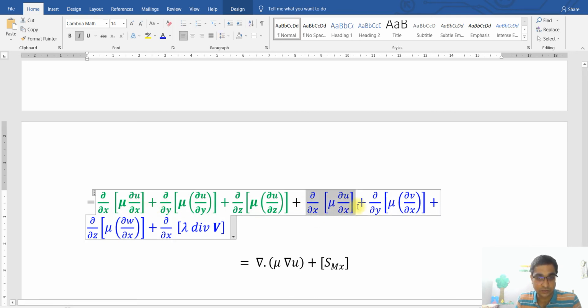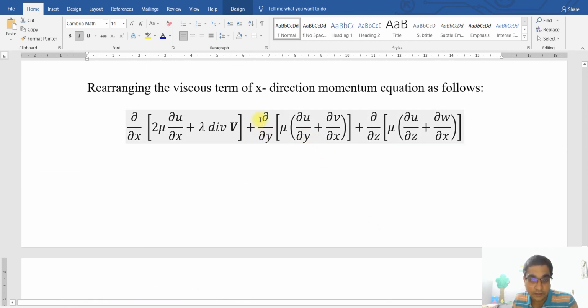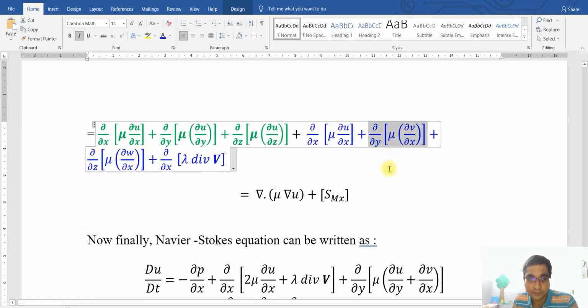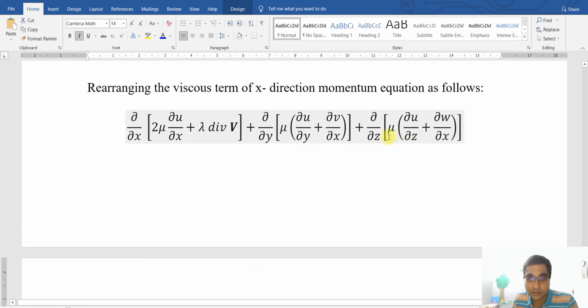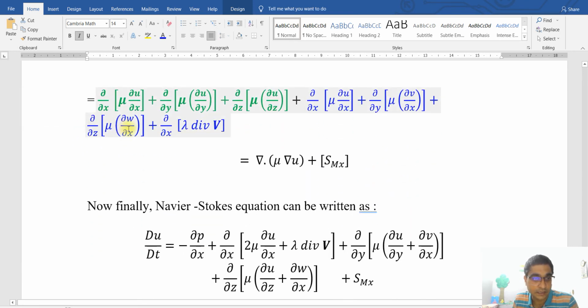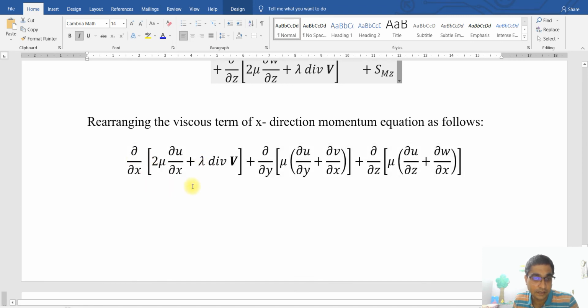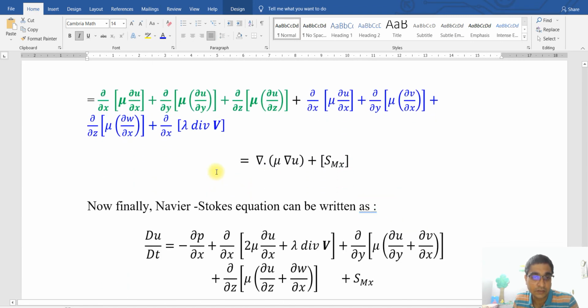So this is actually 2 times. Now we have the remaining term del y plus del v over del x, that we have written here, and del z of mu times del w over del x, that I have written here, and finally del x of lambda divergence of v, I wrote it here.